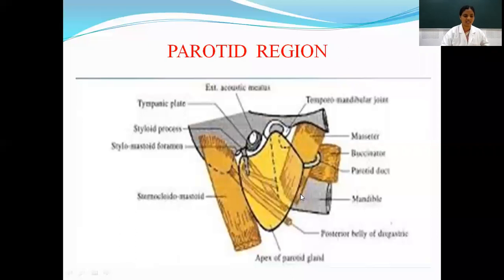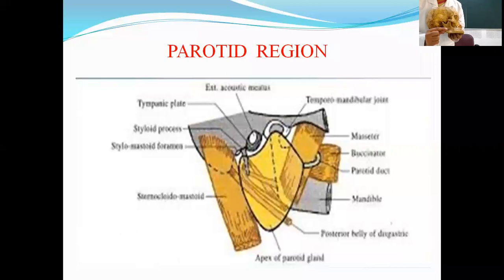If you articulate the skull with the mandible, here you can see the parotid region. Anteriorly, it is bounded by the posterior free border of the ramus of the mandible. So the parotid region is bounded in front by this posterior free border of the ramus of the mandible.